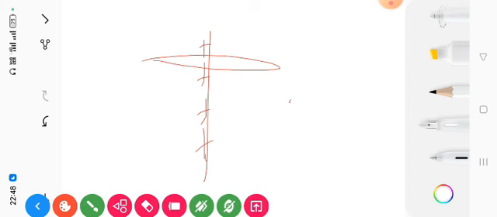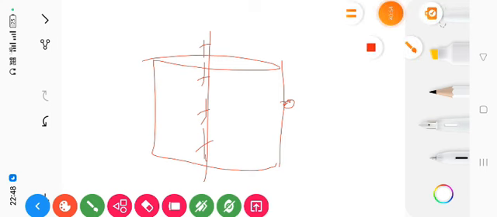It should pass through the point where we have to find the electric field. Remember why we are using Gauss's law: to make things easier, to find the electric field easily. So this is the point. And now the third condition for the Gaussian surface is that it should be symmetrical. That is the most crucial thing. If it's not symmetrical, then the whole purpose of using Gauss's law is gone.